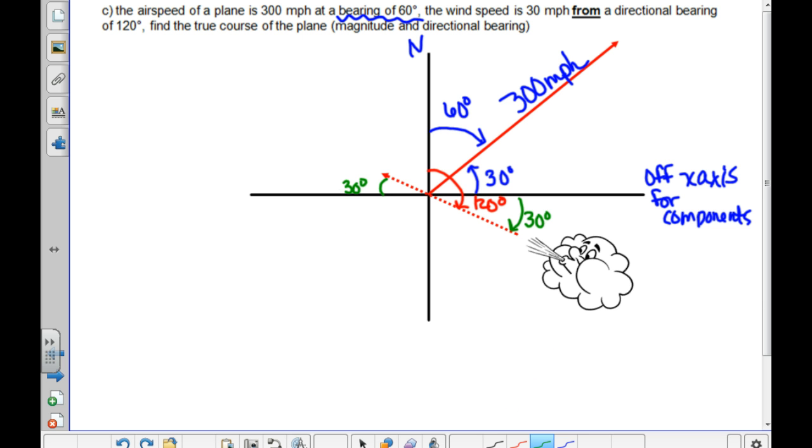Now I need this angle actually off the x-axis to do the magnitude of our wind. 150 is right. The wind is blowing the plane at a measure of 150 degrees off the x. And its length is 30 miles per hour.